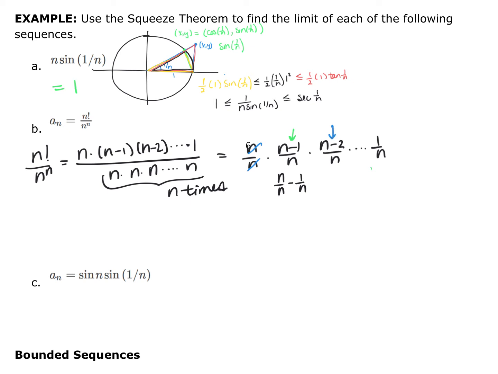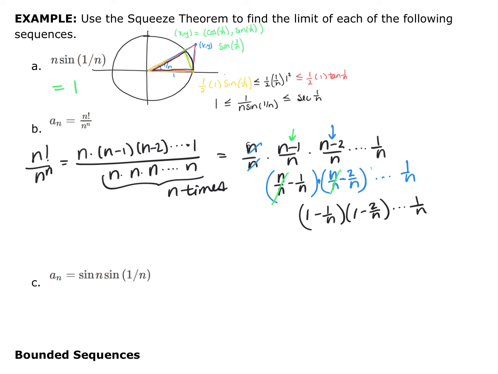This n minus 2 over n can be written as n over n minus 2 over n. And the next one all the way down to 1 over n. These cancel down to 1. So we end up with 1 minus 1 over n, 1 minus 2 over n, all the way down to 1 over n.